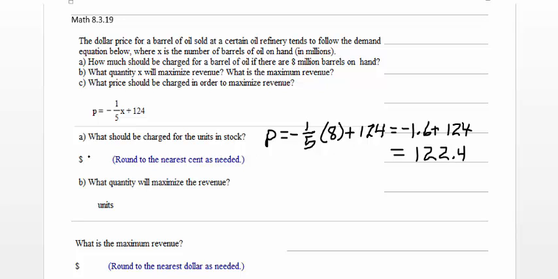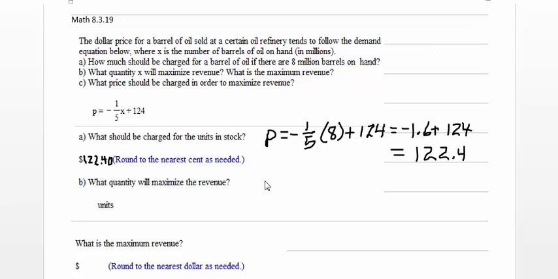All right, we want to round that to the nearest cent, so we want to charge $122.40 for each barrel of oil.